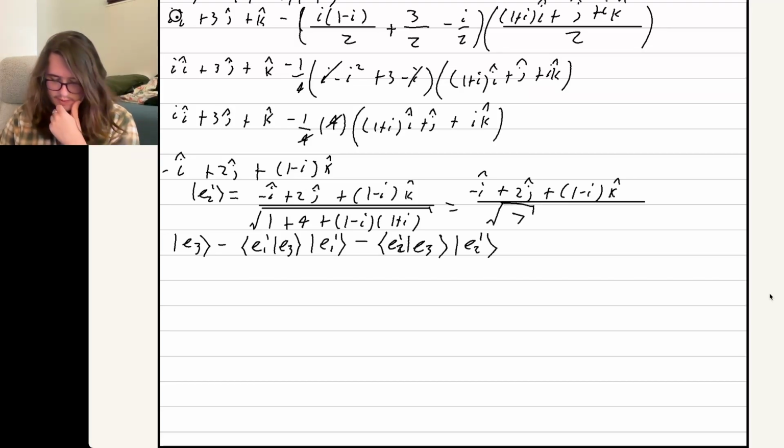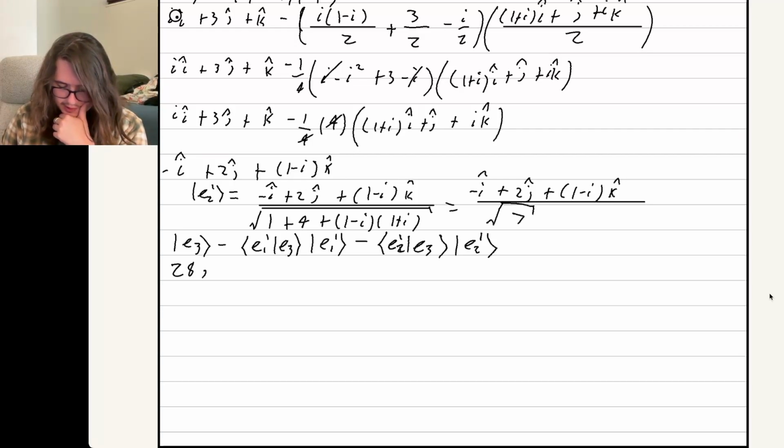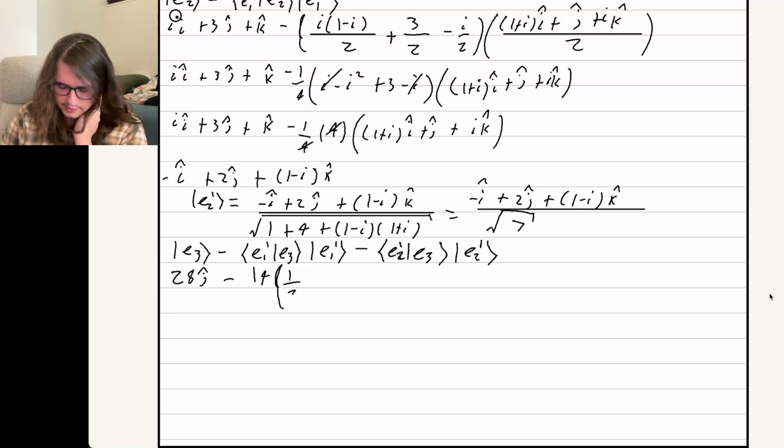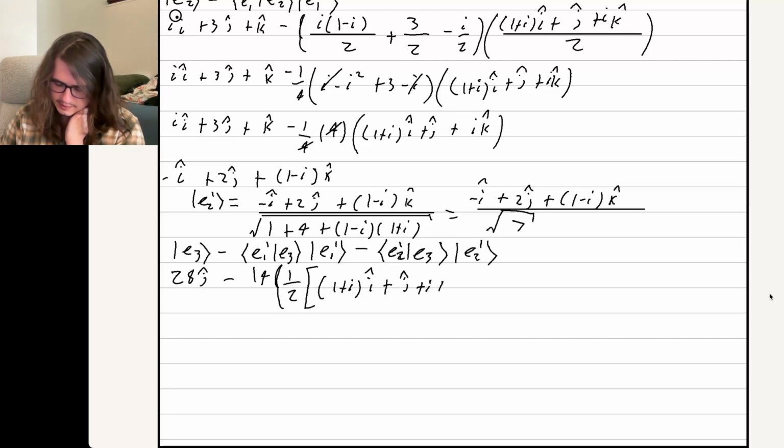Okay, so E3 was just 28j hat. The projection of E1 onto E3 is just 28 divided by 2, which is 14. So this is 14. And then we can write out what E1 was again, because it was 1/2 of 1 plus i hat plus j hat plus i k hat.